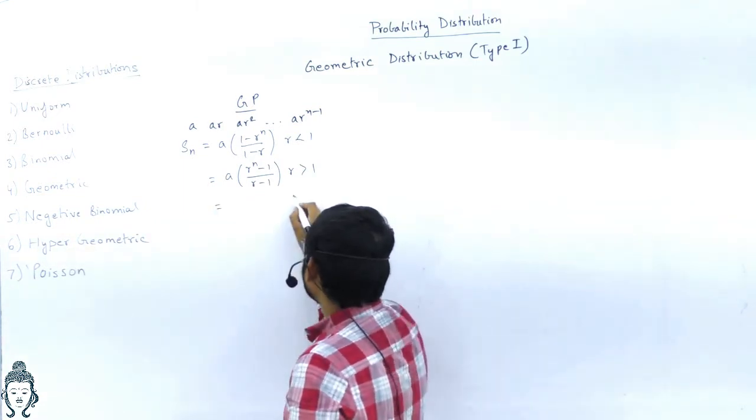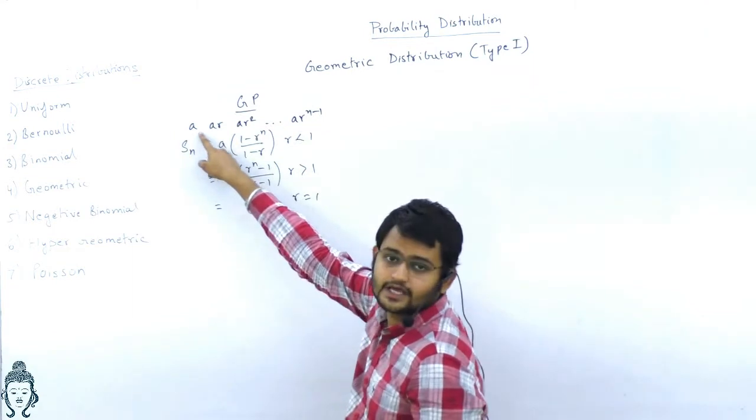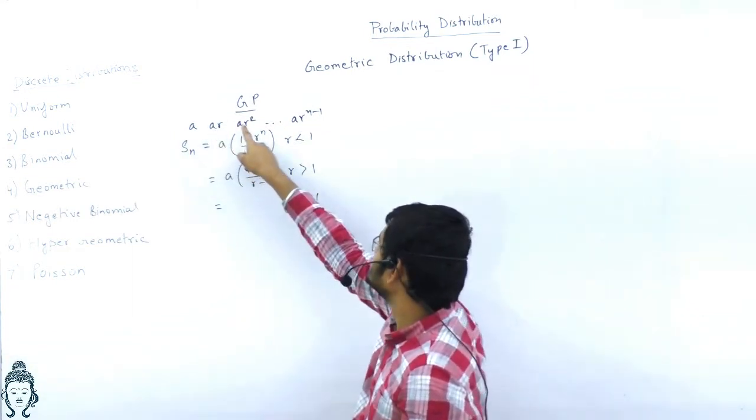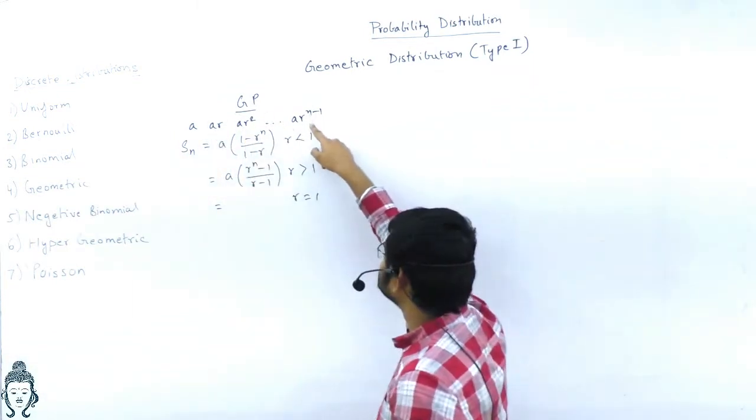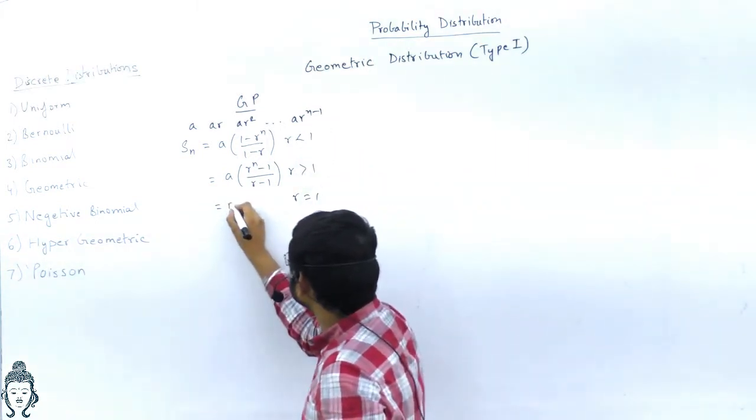For r equal to 1 we'll have the first term as a, the second term also as a, the third term as a, as well as the last term also a. So we have n terms, so I can say it is n times a.